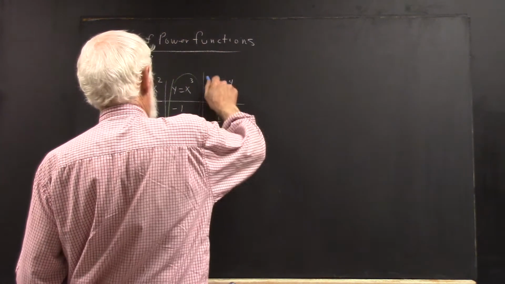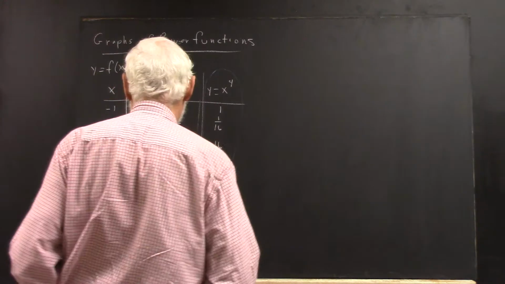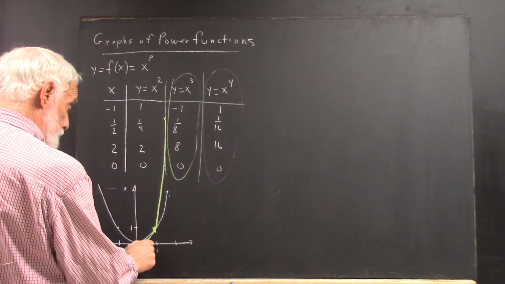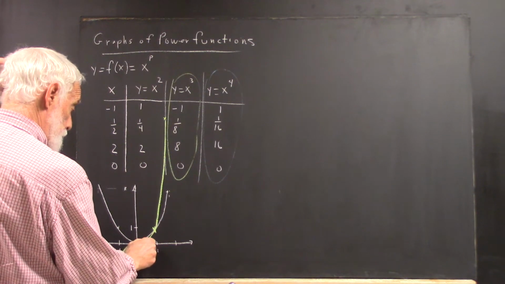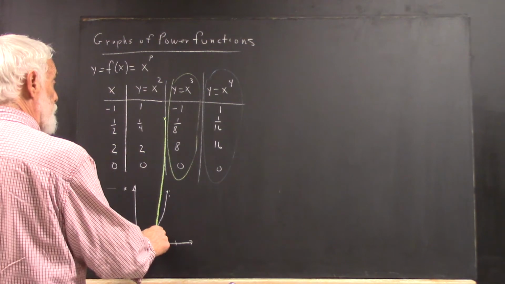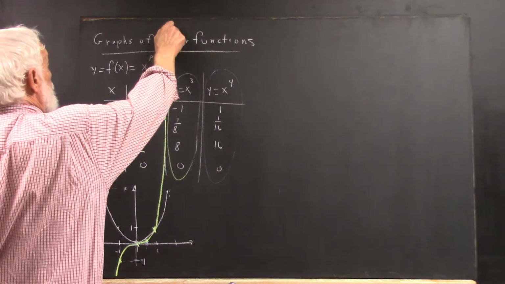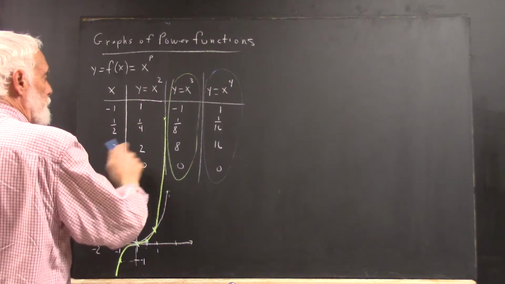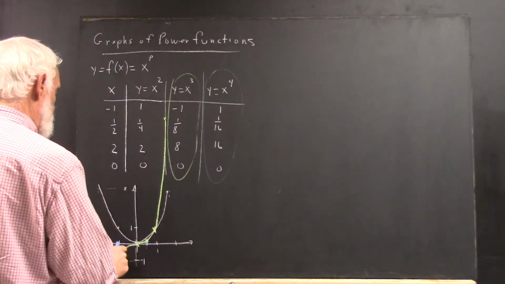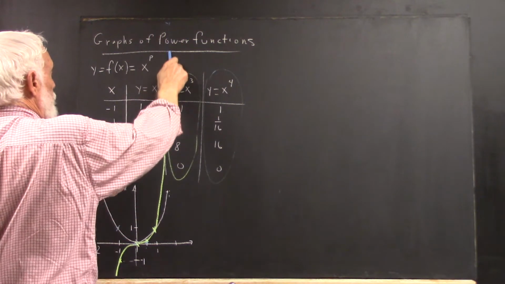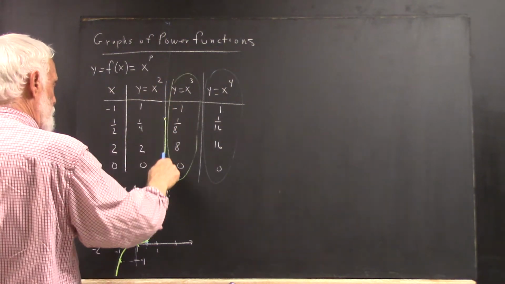Now, if I graph these points with colors, I'm going to still have the origin. I'm going to have a point even closer to the x-axis here when x is 1/2, and when x is 2, I'm going to get 16, and it's going to be even higher up here. And it's also going to be symmetric, because -1 is going to give us 1, so we're going to go through this point. So it's going to come down from way up here. I'm going to just kind of trace that lightly.